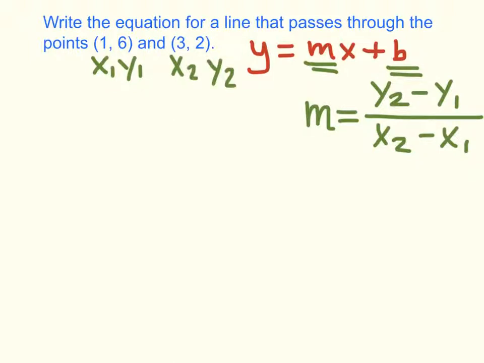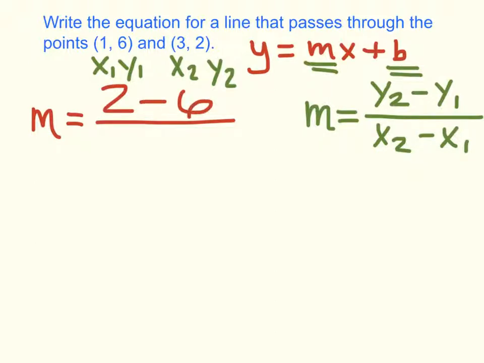So now we can fill in the slope formula using those values. M equals, I'll draw my fraction bar. We are going to do the y2 minus the y1, and that's 2 minus 6. And then on the bottom of our fraction bar, the x2 minus the x1, and that's 3 minus 1.